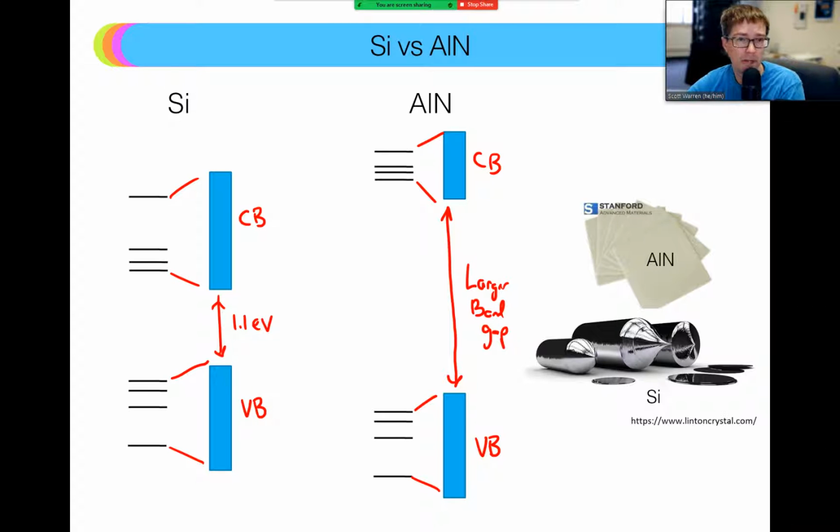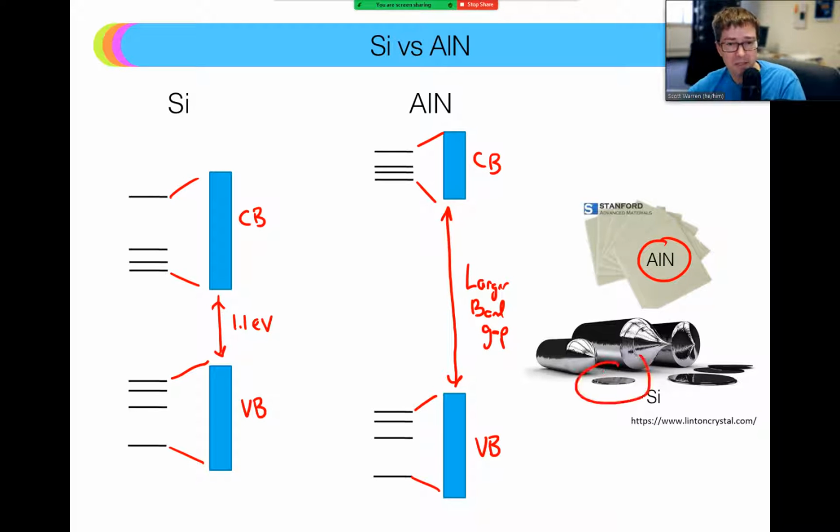in aluminum nitride. When we actually look at this material, aluminum nitride, it's a white material, meaning that it has such a large band gap that it does not absorb visible light. And in general, that's what we can infer from seeing a white material, is that it has a large band gap. It's not absorbing visible light.